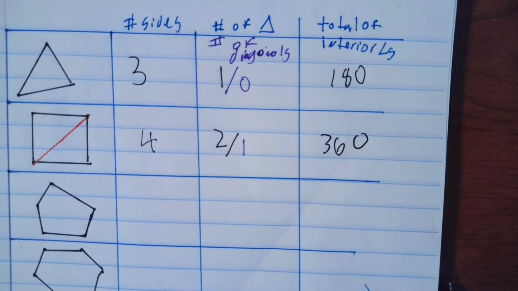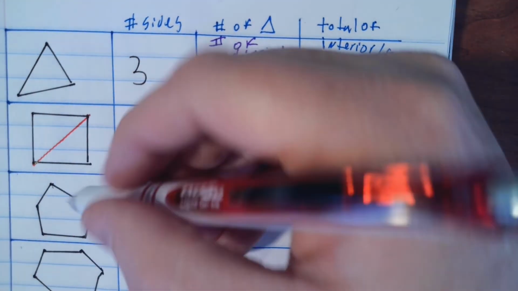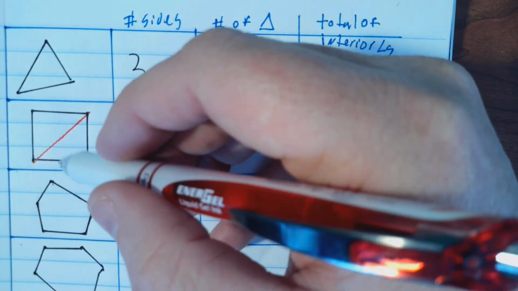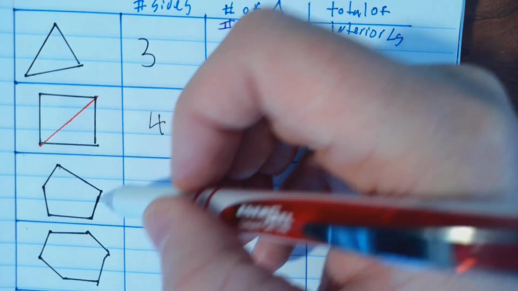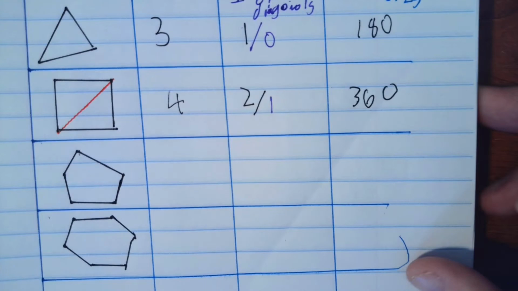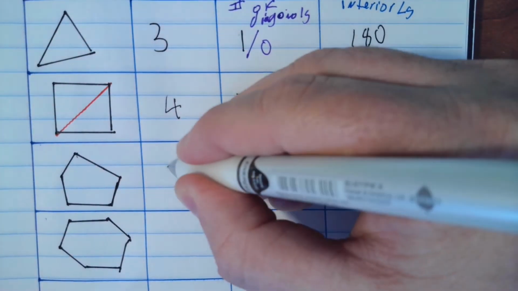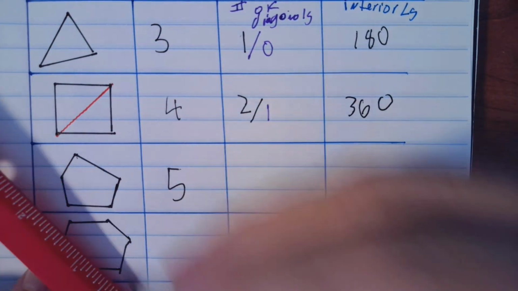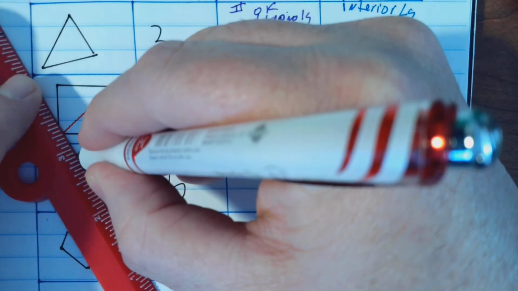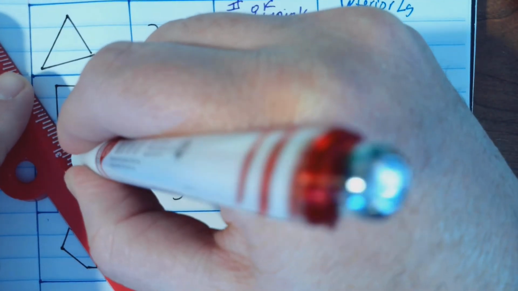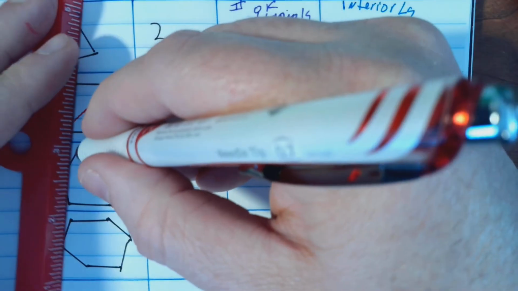All right, so let's see if you can do the diagonals for this one. Okay, this is not a regular pentagon, but it's still a pentagon. And so let's look at this here. So obviously this has a 5-sided shape. And let's see, I'm going to start here. Okay.